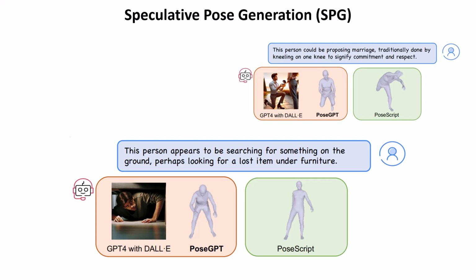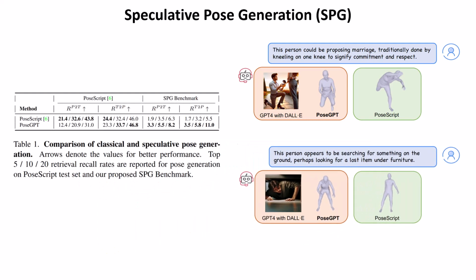If you want to quantitatively compare PoseScript with PoseGPT, we can see this table that has two columns. The first column is PoseScript, which is the PoseScript dataset, a kind of traditional pose generation. The right column is for this speculative pose generation benchmark that is newly proposed.